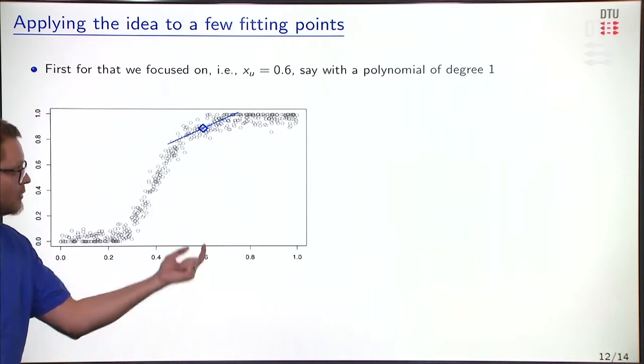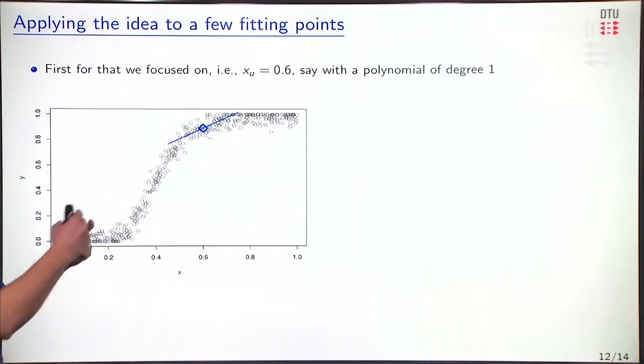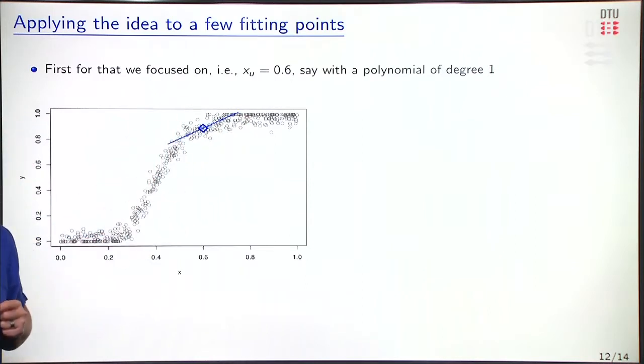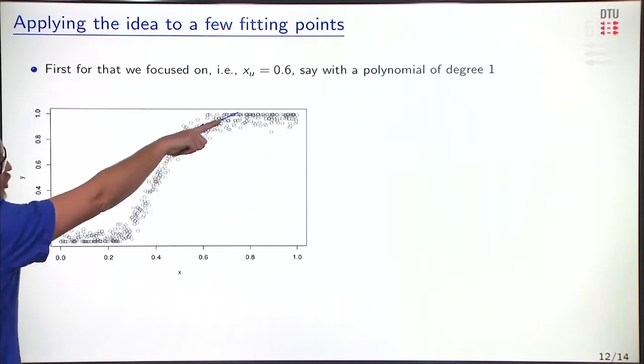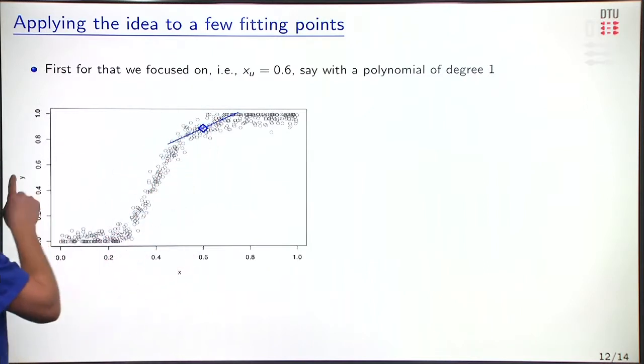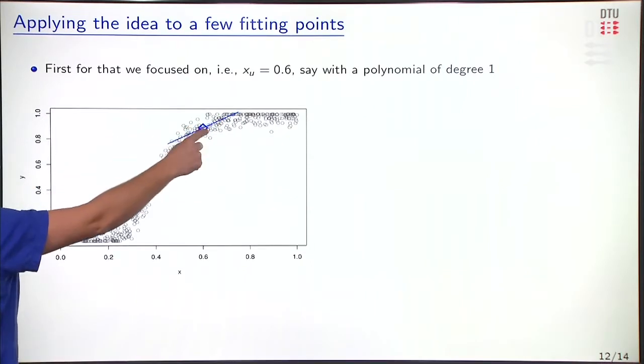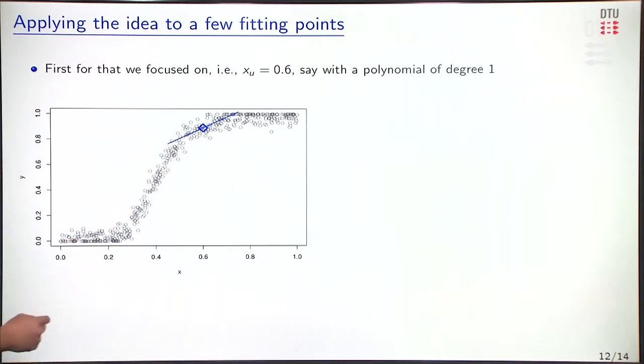When fitting the model in this neighborhood, remember that we are down-weighting the data as we go away from this fitting point. It seems that we managed to locally represent the relationship between the explanatory variable and the response variable, and we obtain this line. We can keep the value of the model at the location of the fitting point for making the connections afterward between all the models we're going to fit.